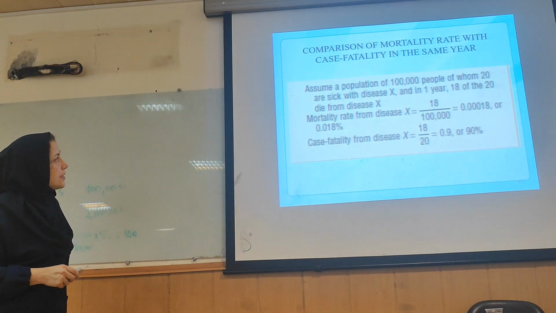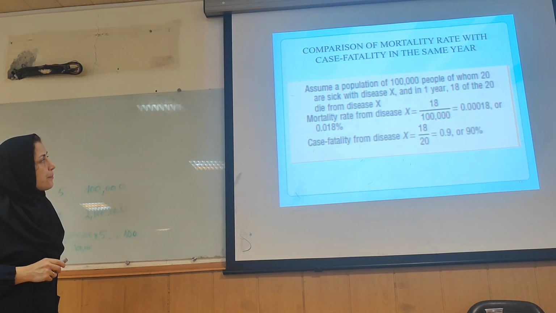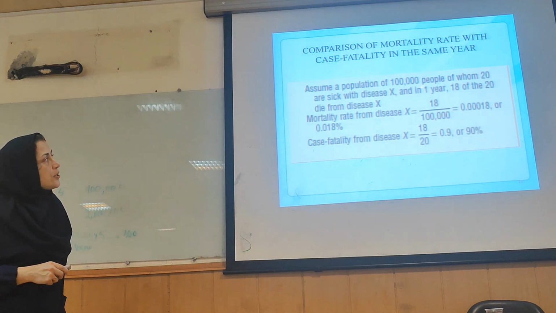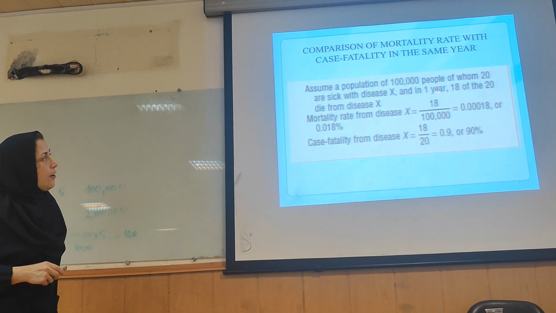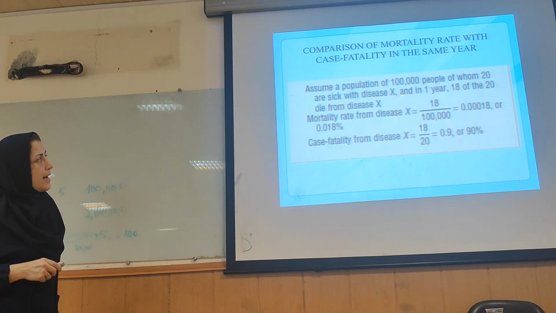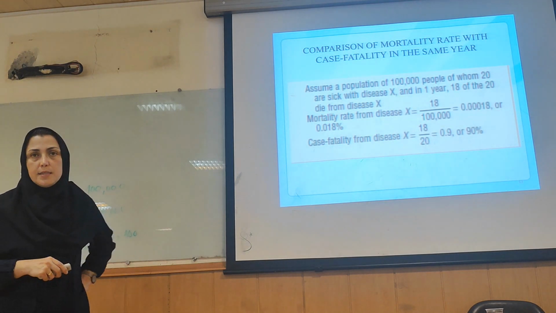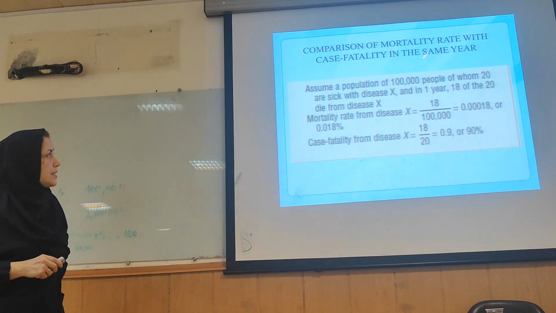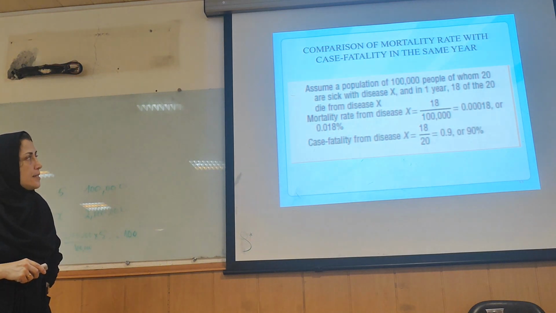Please see this example. Assume a population of 100,000 people, of whom 20 are sick with disease X, and in 1 year, 18 of the 20 die from disease X. What is the mortality rate from disease X?